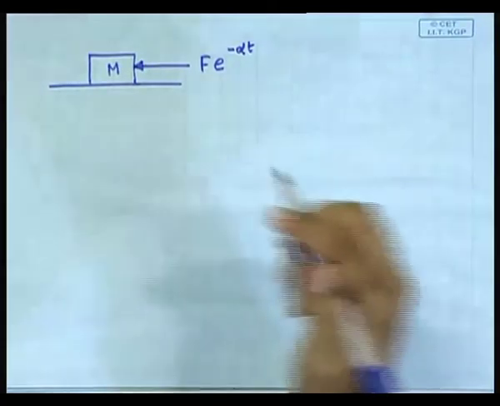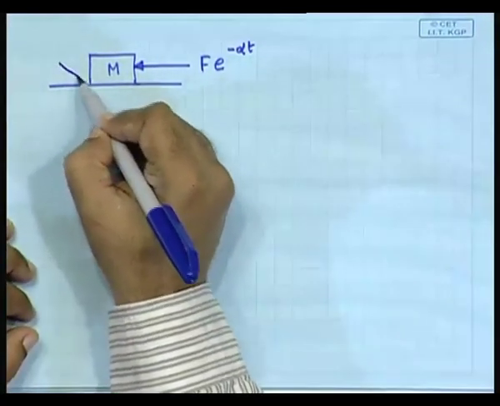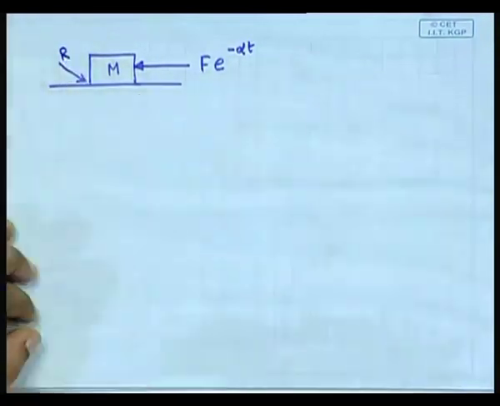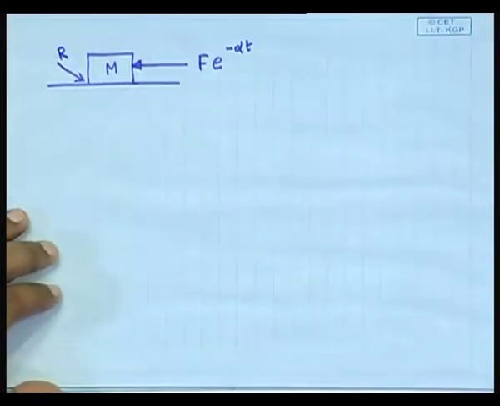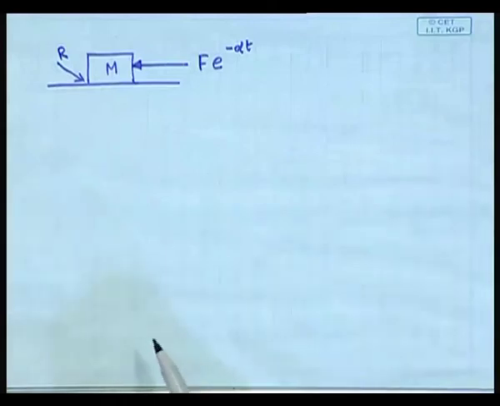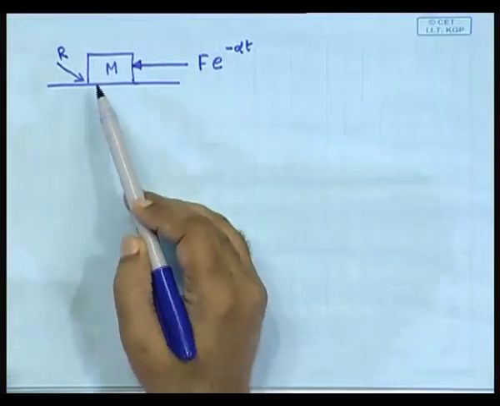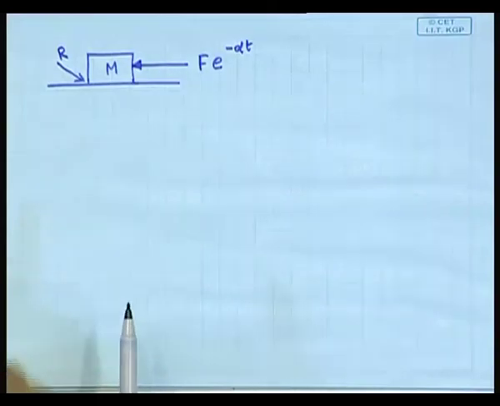And suppose at this point there is no spring or anything, but there is a viscous friction of r. Fine. So, now what will be the dynamical equation or dynamical motion of this mass? That is the question. Can you do it?